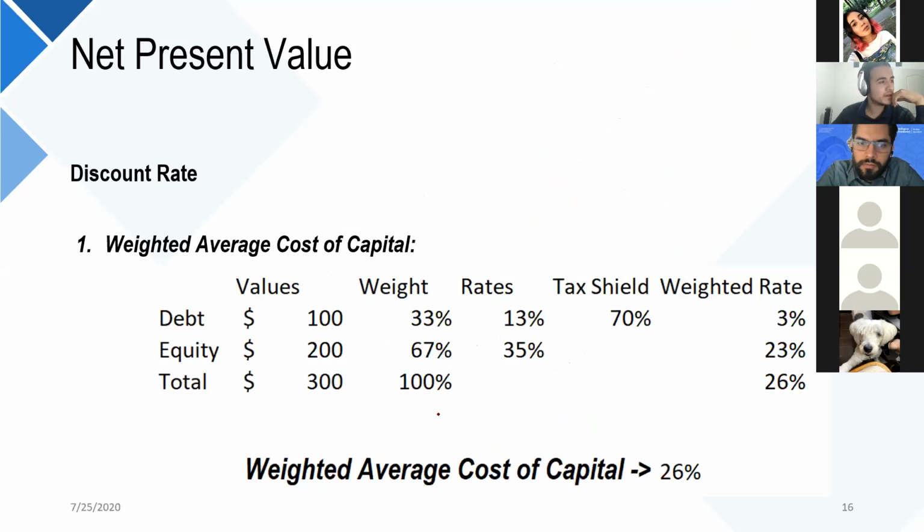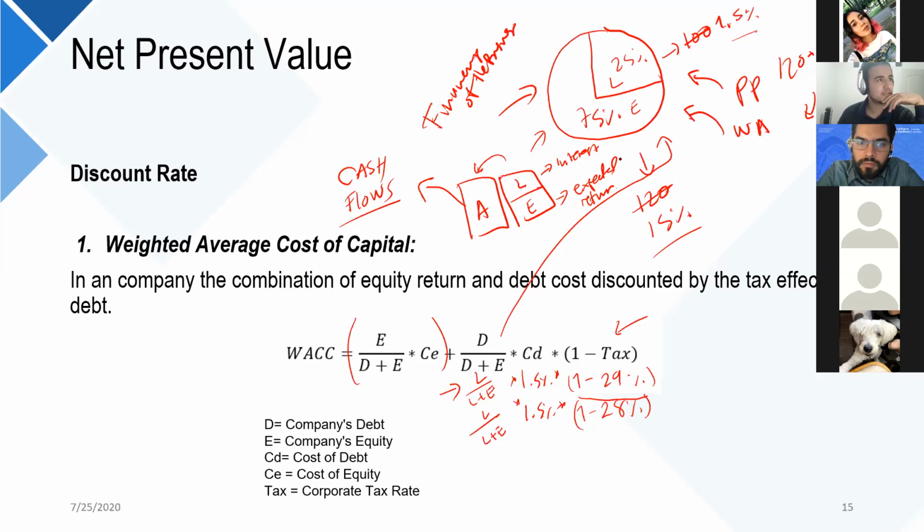Let's see that with numbers. Think of these as 100K, 200K and 300K. You divide this over 300 and this over 300, and this gives you 33 and 67. This is the same as this pie chart here.